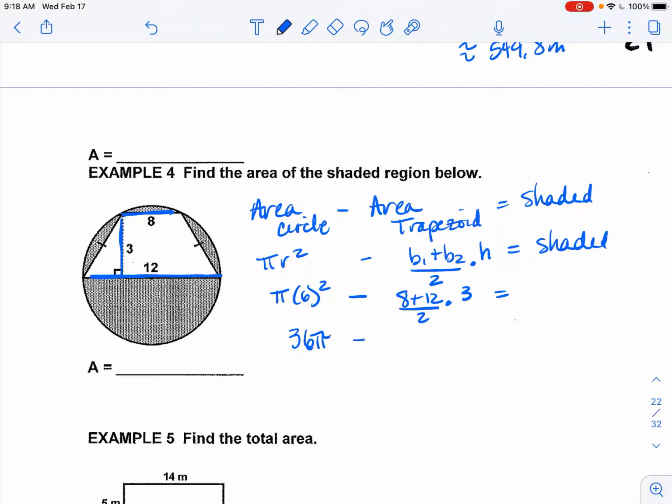So let's see, we have 36 pi. 8 and 12 is 20, divided by 2 is 10. 10 times 3 is 30. And so we have 36 pi minus 30. That would be an exact answer. And this, we don't have any units, so I'll just put units squared. But if I wanted to get a decimal approximation, take it to my calculator real quick. 36 pi minus 30 is approximately 83.1 units squared.